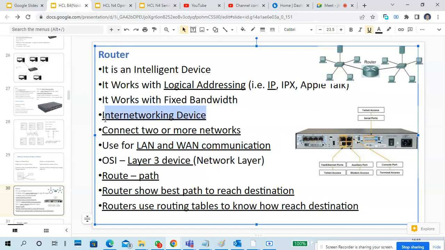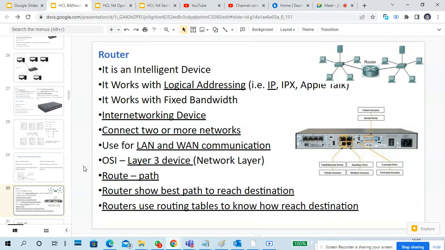A router is an inter-networking device. It means it connects two or more networks together. What is a router? A router is an inter-networking device, a layer 3 device used for both LAN and WAN communication. A router can understand logical addressing like an IP address.